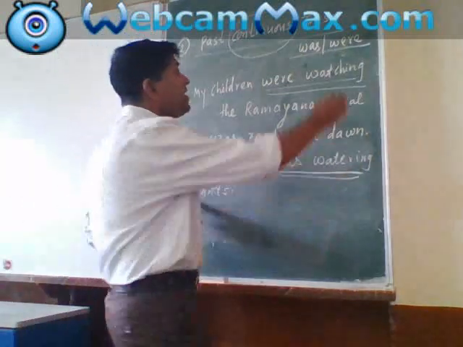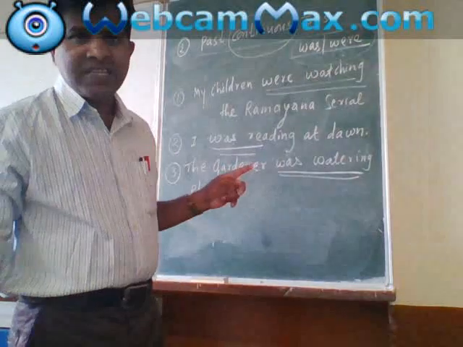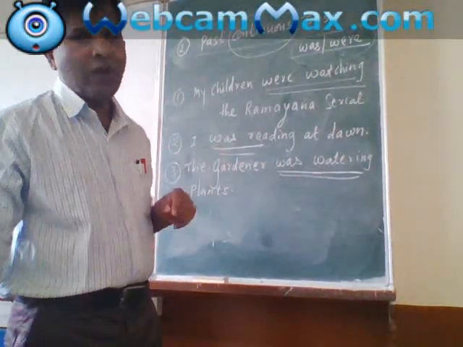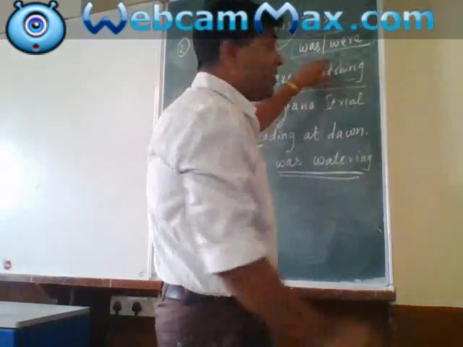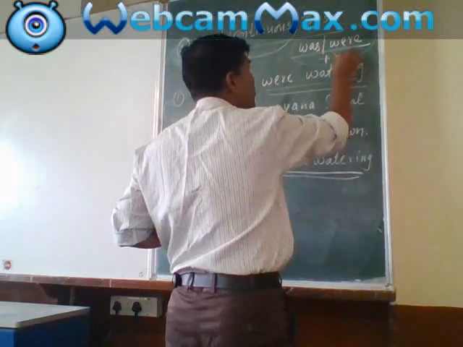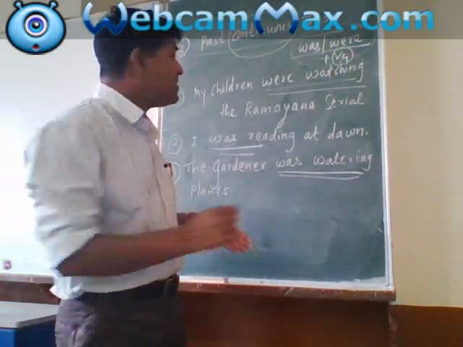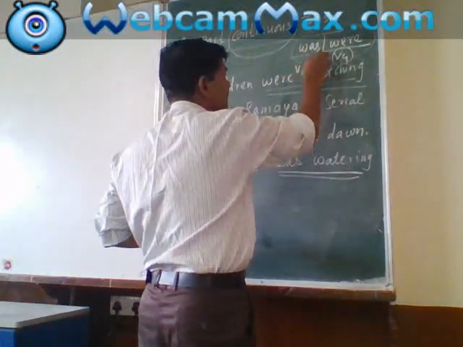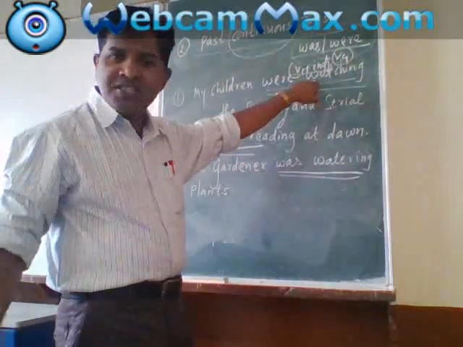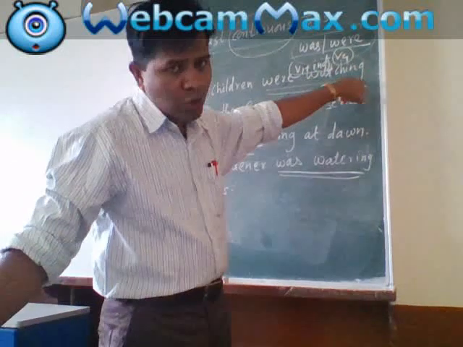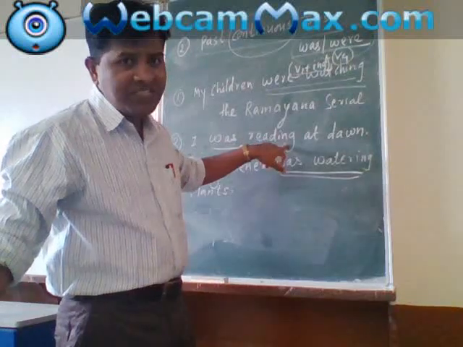Okay, so the indicative moods of past continuous tense are was and were. And next to was and were, V4 always follows. Now V4 means V1 plus ing. Watch is V1, plus ing: watching. Then read, V1 plus ing: reading.